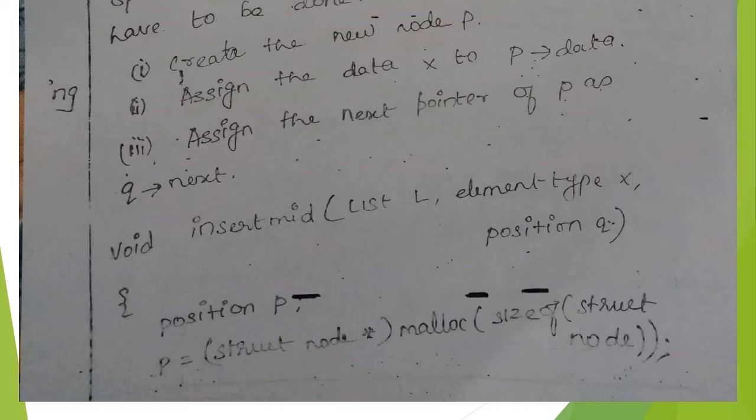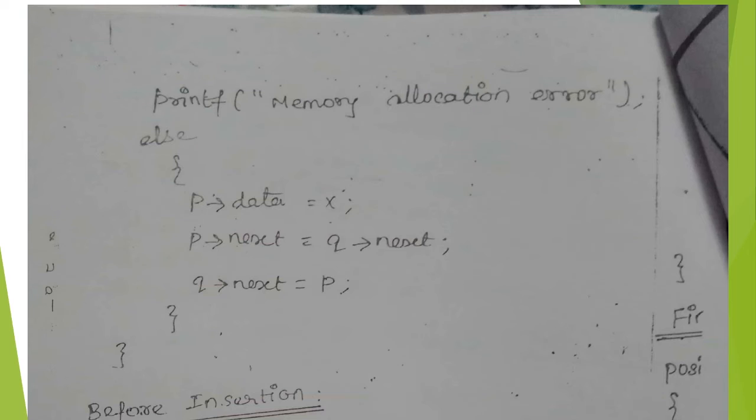The subroutine insert_mid_of accepts three arguments: the list L, the data to be inserted in the new node, and the position where the new node should be inserted, that is, position Q. Then in the routine, a new node is declared and the new node's memory will be created. If memory is successfully allocated, then the following operation should be performed.